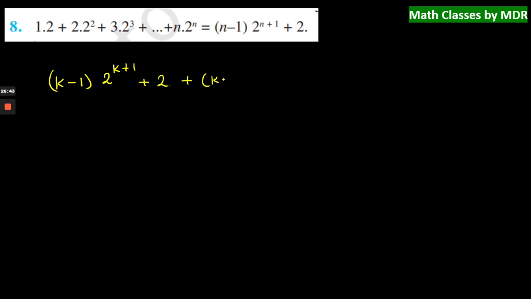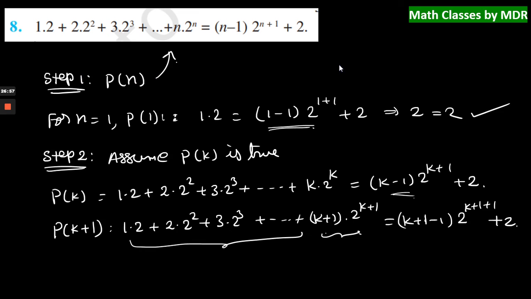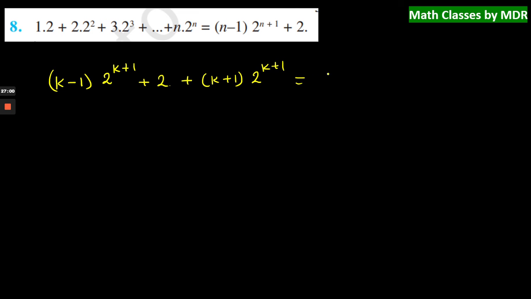And this is equal to (k plus 1 minus 1), that is k, into 2 to the power (k plus 1 plus 1), which is k plus 2, plus 2.